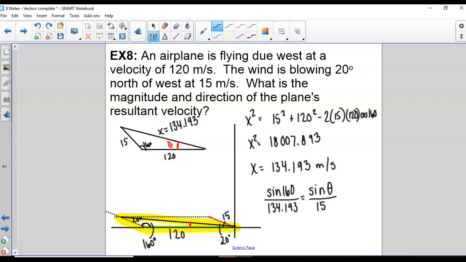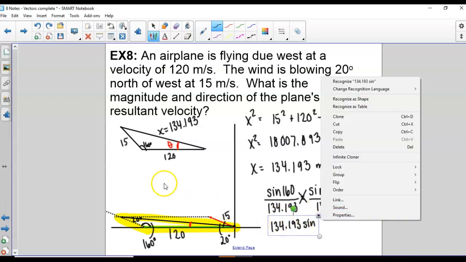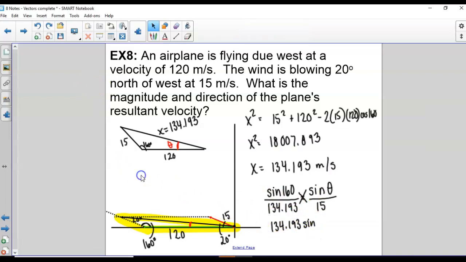Alright, so to solve that, we're going to cross multiply. So we'll get 134.193 sine theta equals 15 sine 160.